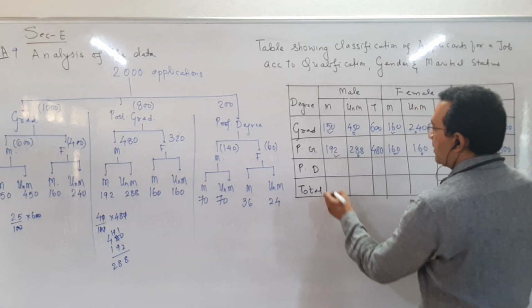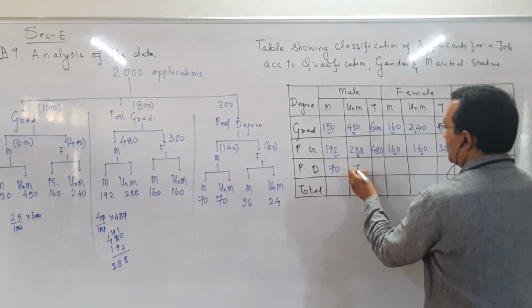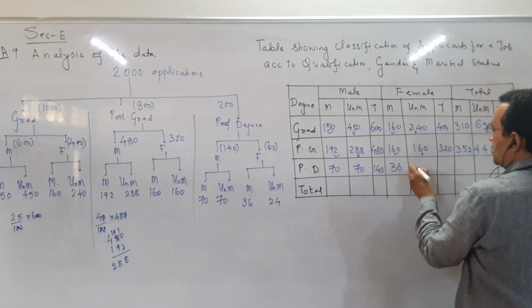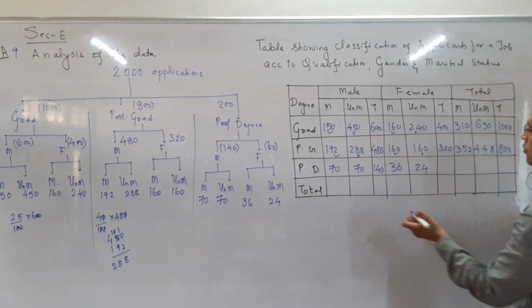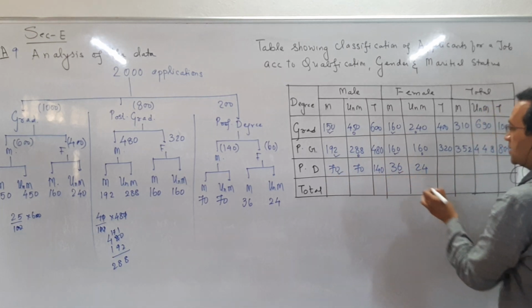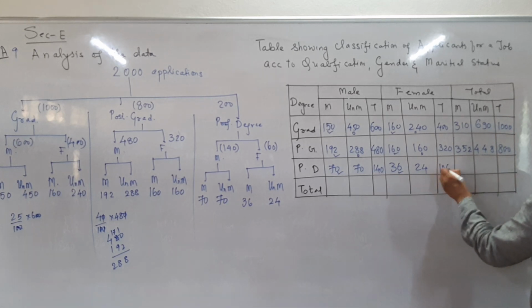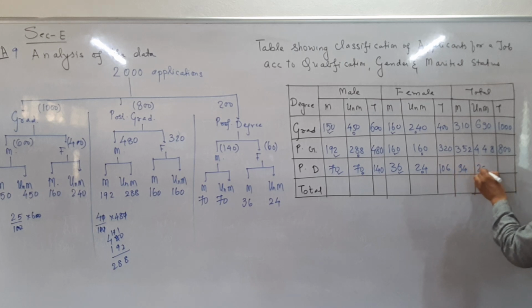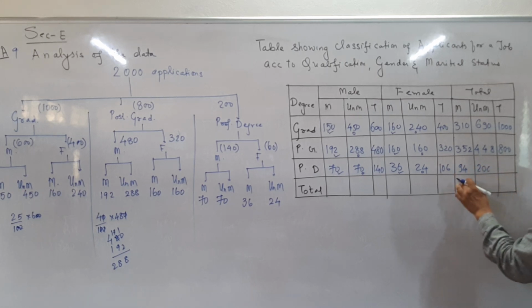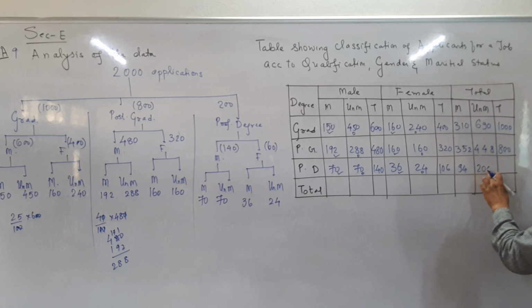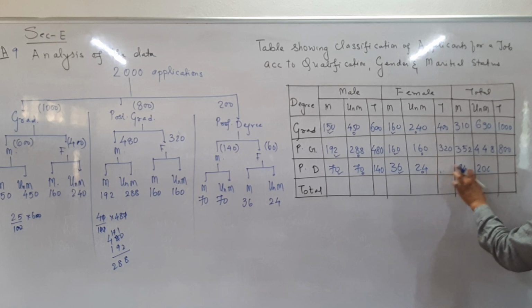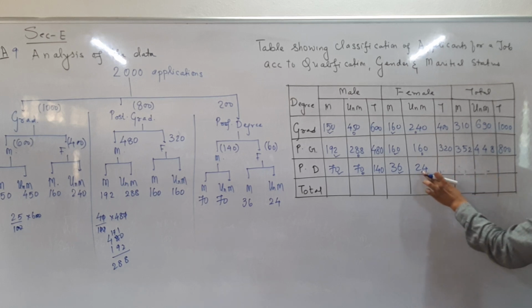Professional degree male married were 70, unmarried were 70, total 140, female married 36, unmarried were 24, total is 60. Married were 70 and 36, so 106, unmarried were 70 and 24, so 94. Total here I forgot.